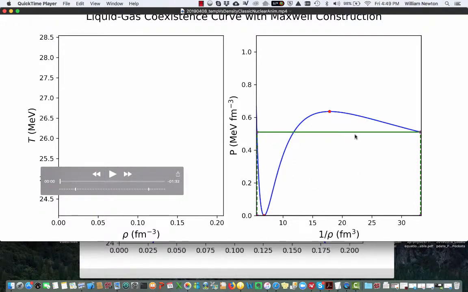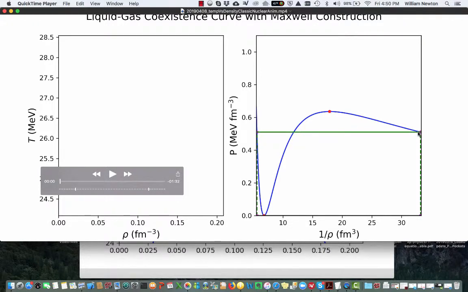Okay, so suppose for example, I was able to maintain the system as a single component gas up to here and a single component liquid down here, and I was able to compress it along this curve, and then I decided to decompress it along this curve, and I came back to this point here.